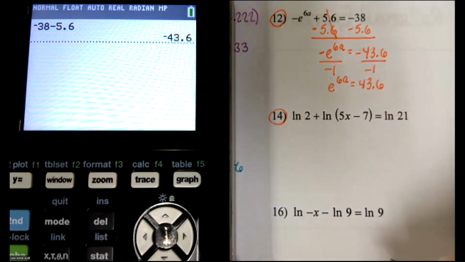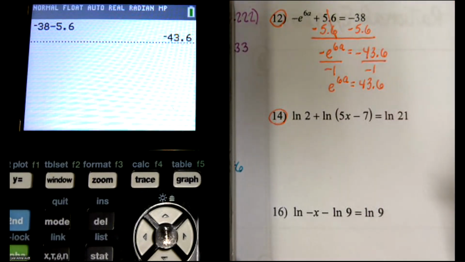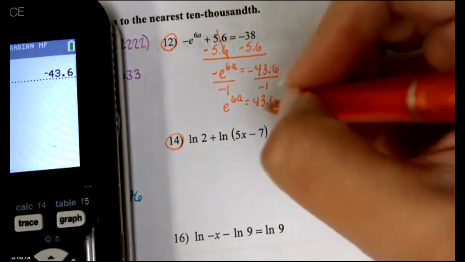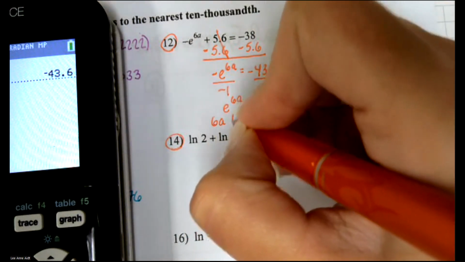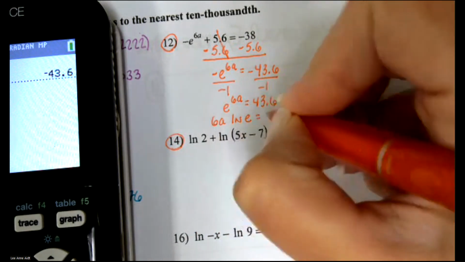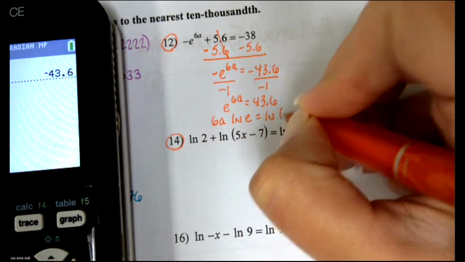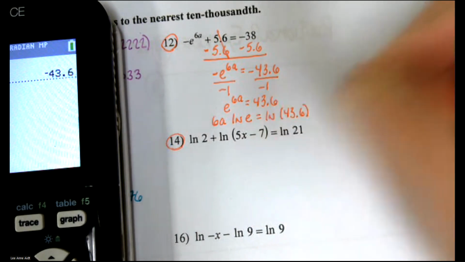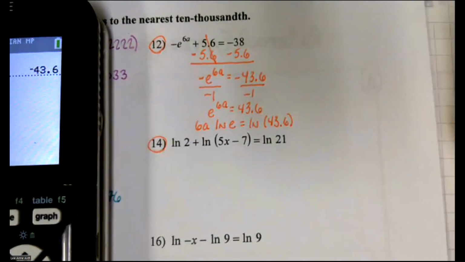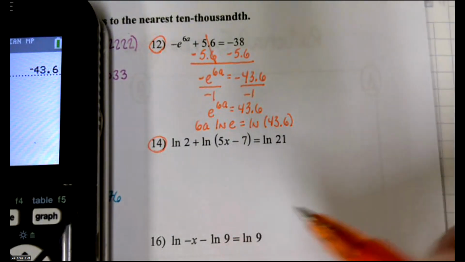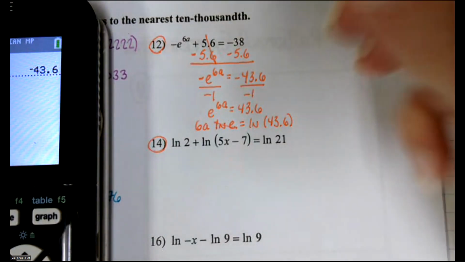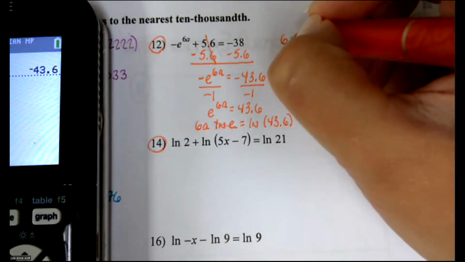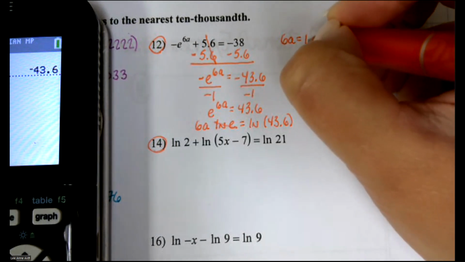Did you figure that out on your own without me? Probably. Okay, now I'm going to bring the 6a in front and then natural log both sides. ln and e cancel. Only on this side, not both of them. Just thinking back to your quiz grading.